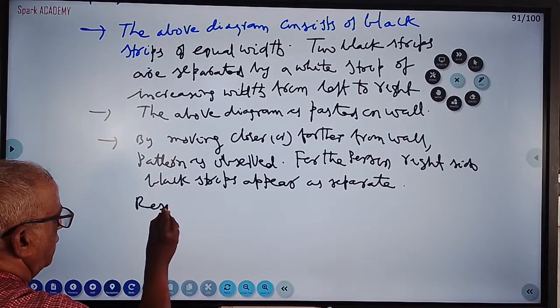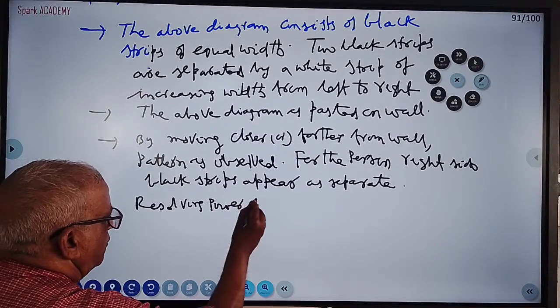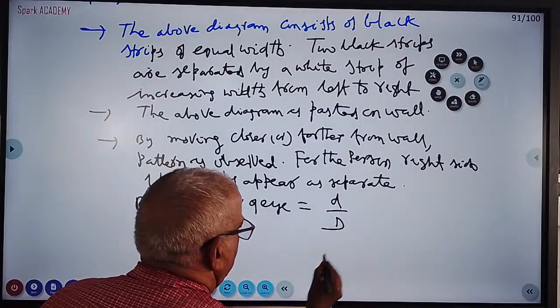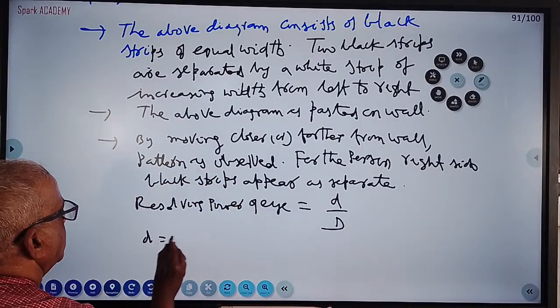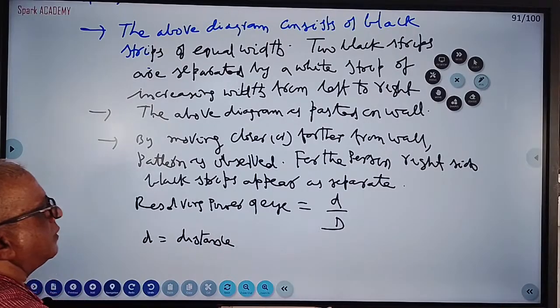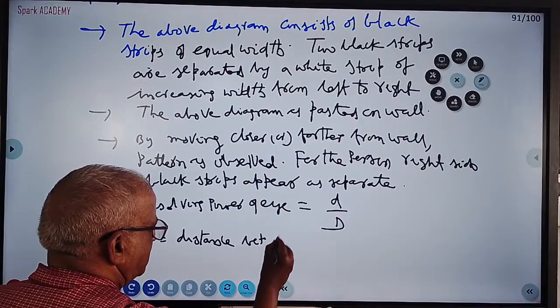Resolving power of the eye is given by small d by capital D. What is small d? Distance between black strips.